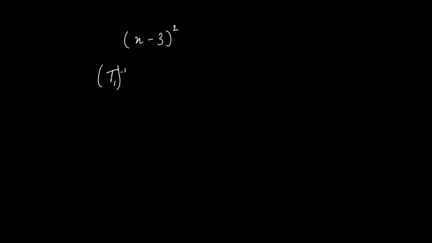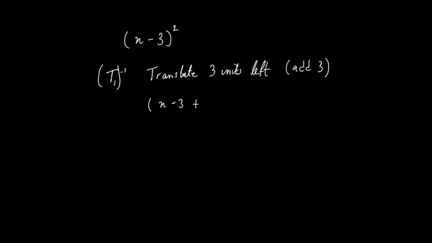So the inverse of that is going to be translate 3 units left, or add 3 inside of the function brackets. So the inverse then will be (x minus 3 plus 3) all squared. So therefore f of x will equal x squared.